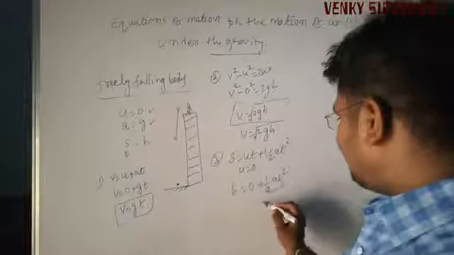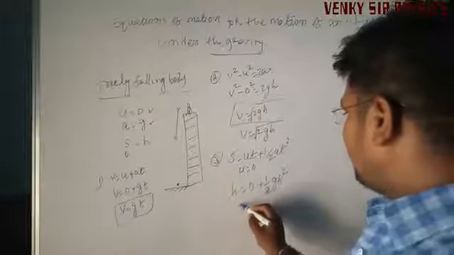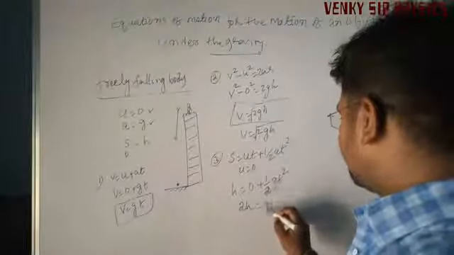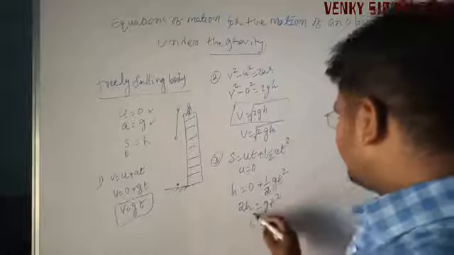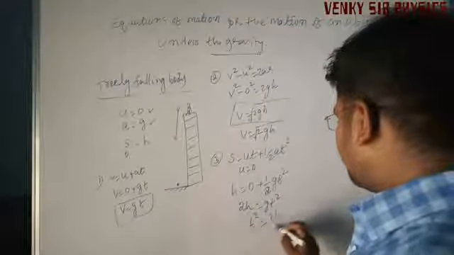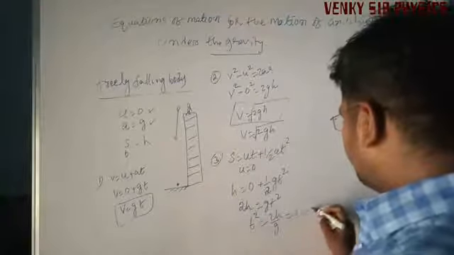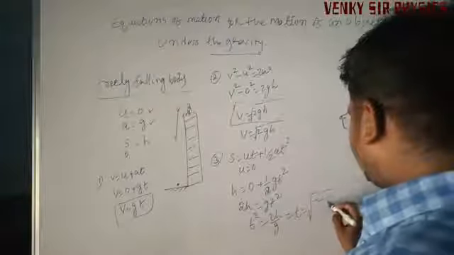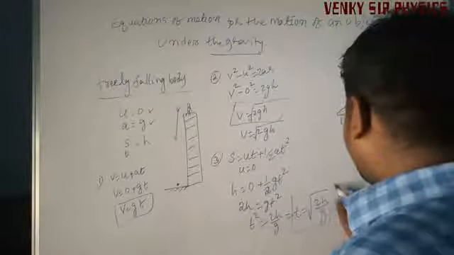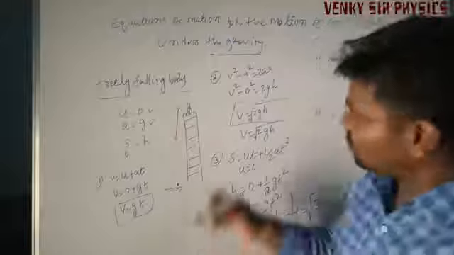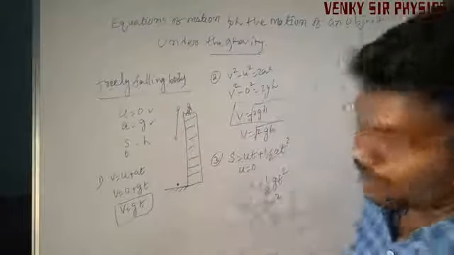So 2h is equal to gt square, t square is equal to 2h by g, and t is equal to root of 2h by g. This is the time taken by a particle from the top to the bottom.